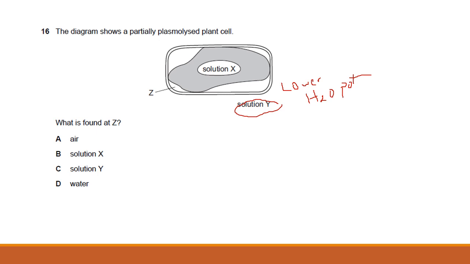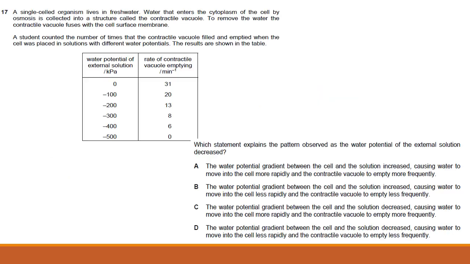As a result, water will move out of the cell into solution Y, which then means that solution Y will likely increase in volume and might start to fill the spaces outside of solution X. So what is found at Z in this case would be solution Y. And this is something interesting you can investigate in the lab if your school allows you to, because it's really fun to do these osmosis experiments.